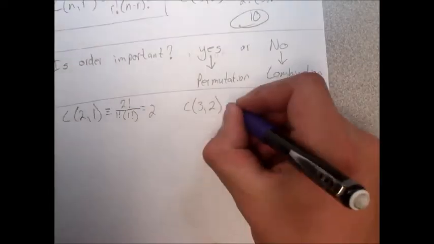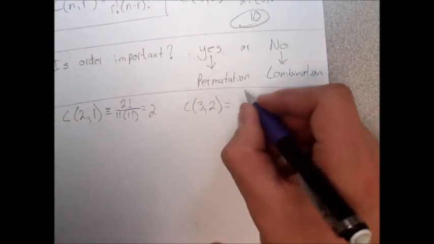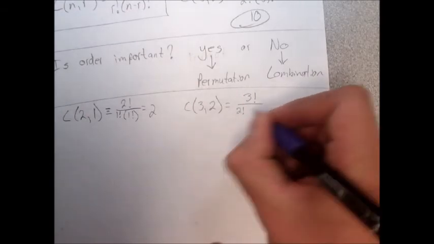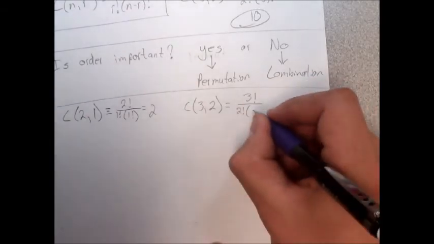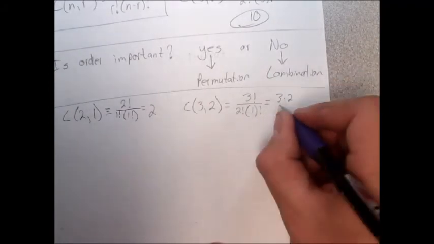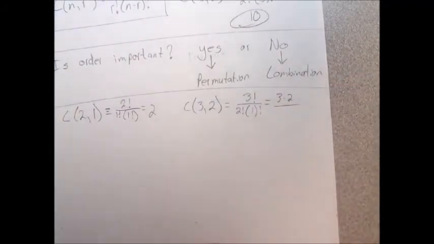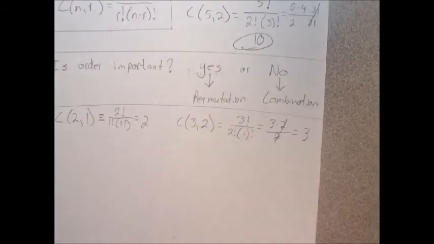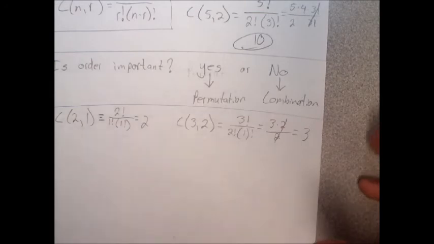Next, combination for toppings. We have 3 toppings taken 2 at a time, and the difference between them is just 1, so it's 1 factorial on the bottom. So it's 3 times 2 times 1, and then 2 times 1 times 1, which is just 2. Those 2's cancel out, and we get 3. So I have 3 different options of pizza toppings.